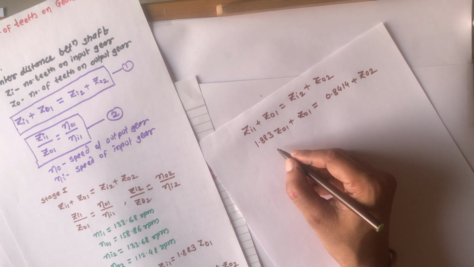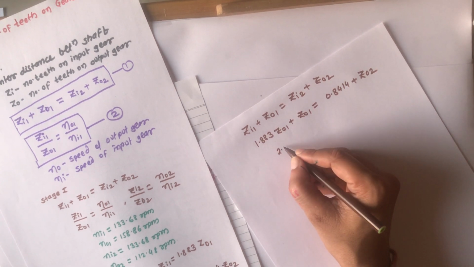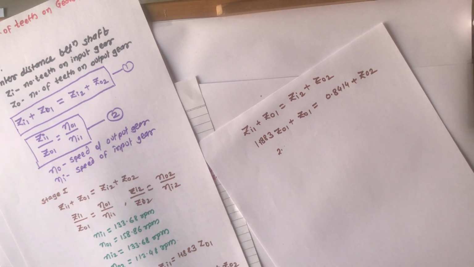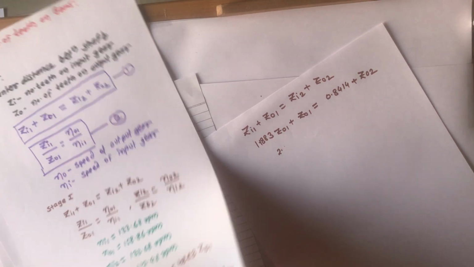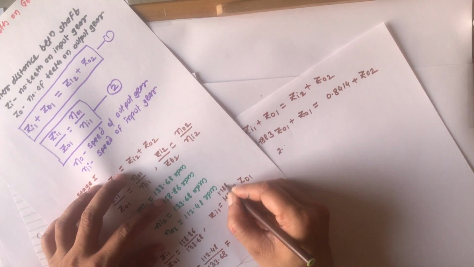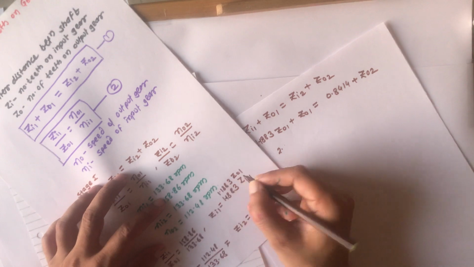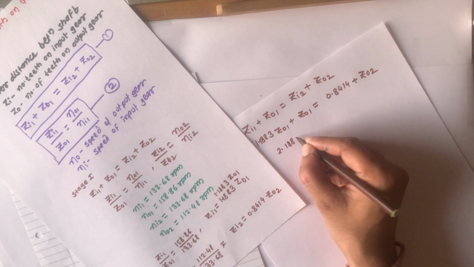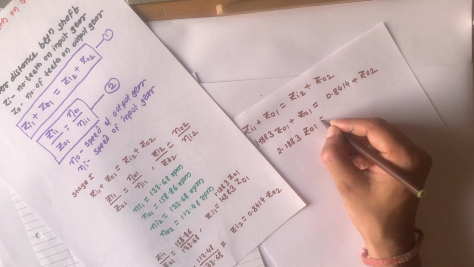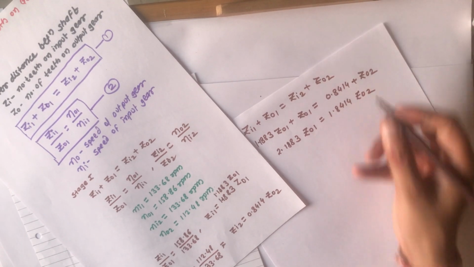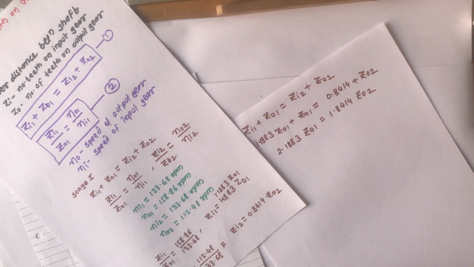So that is 2.883 ZO1 will be 1.8414 ZO2.